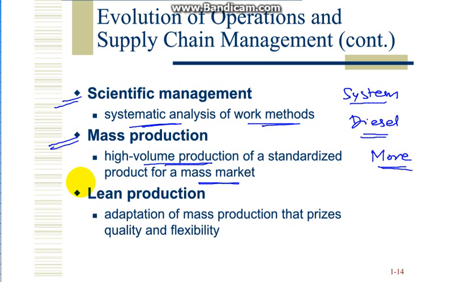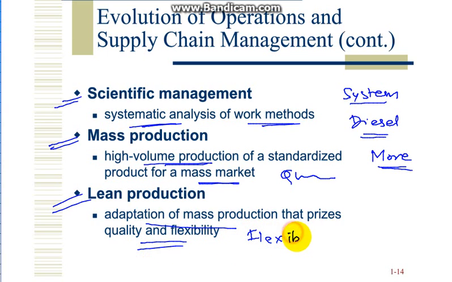And when mass production came into existence, the quality later started depreciating. For that, lean production came, so that adaptation of mass production as well as flexibility came into existence: the flexibility of producing customized products as per the demand of customers. This customization is done in lean production techniques.